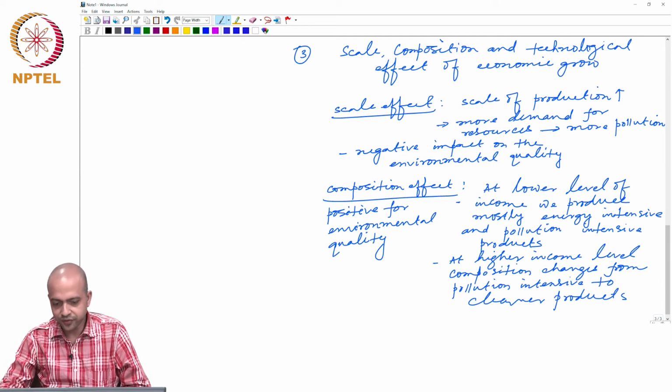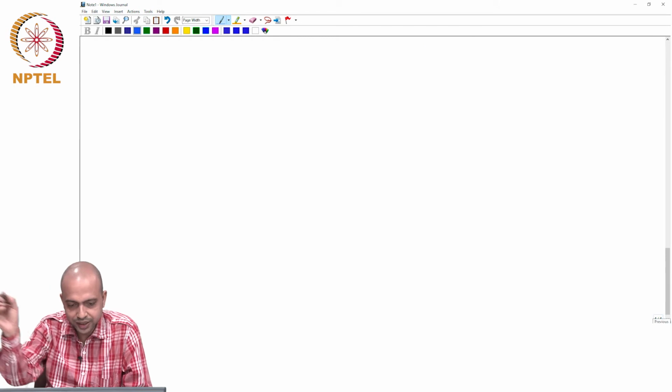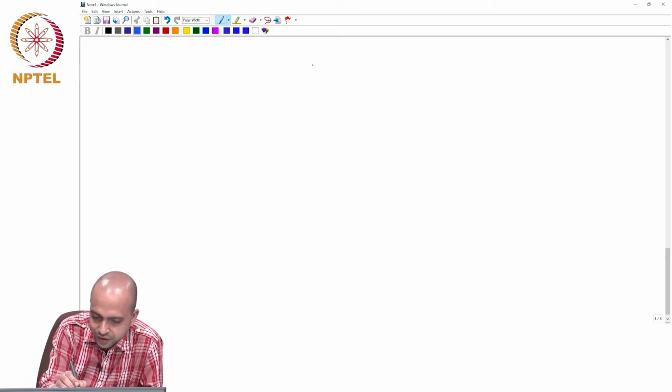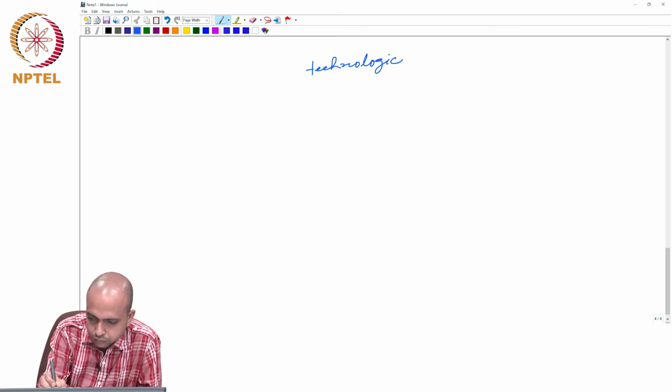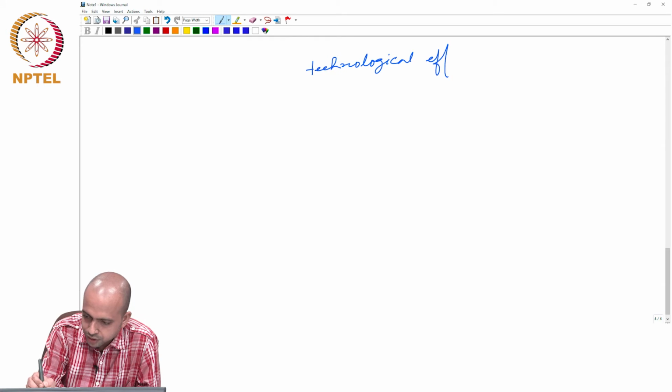So, this is the scale effect, this is the composition effect, and then what is the technological effect?